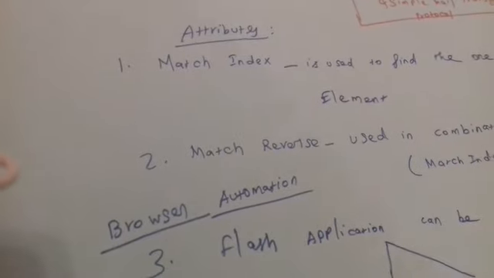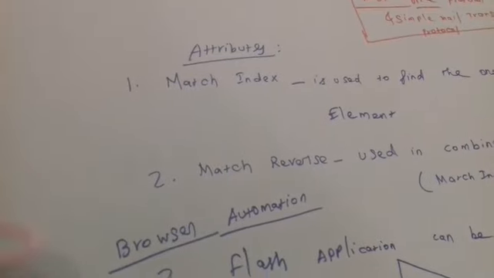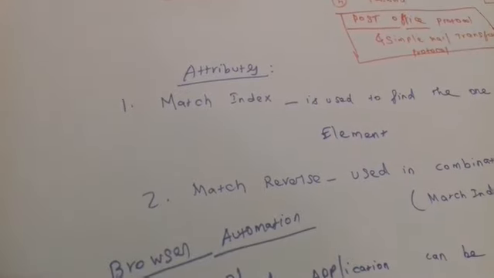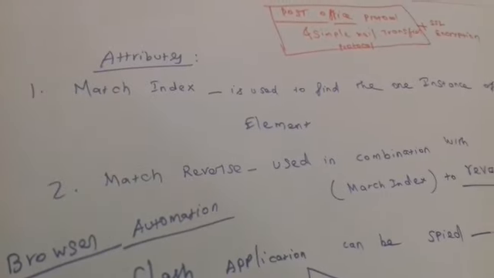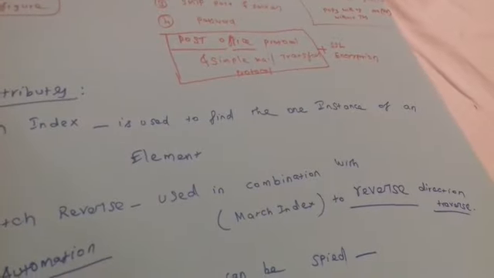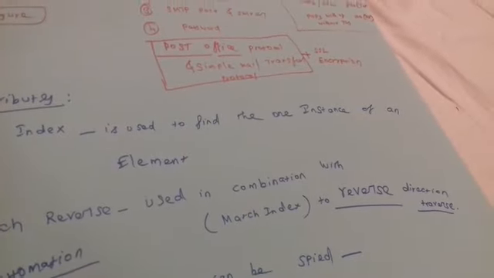Today we can see some best practices of Blue Prism. When you go for attributes in Blue Prism, match index is used.